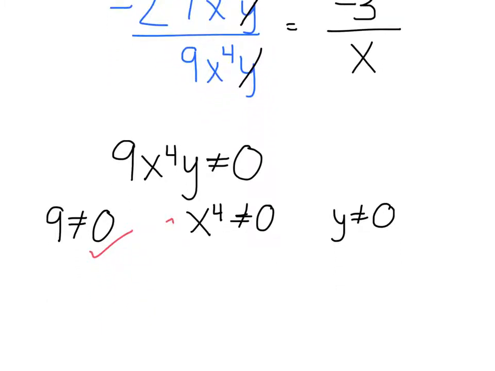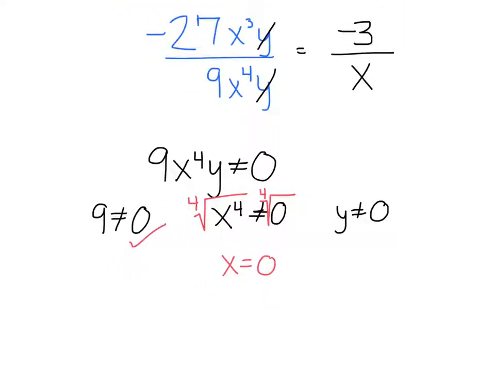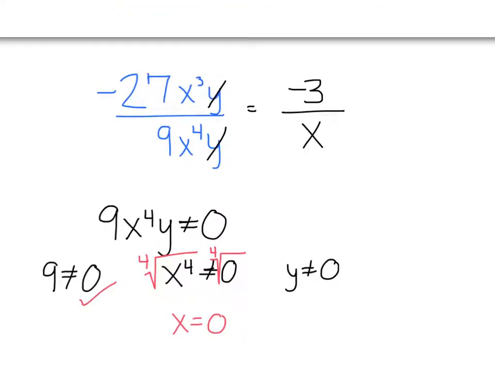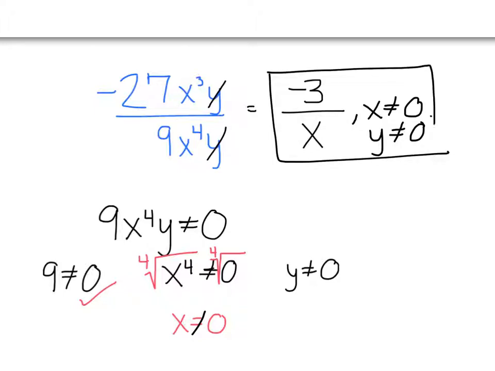So here we'll take the fourth root of x and fourth root of 0, which is just 0. So the restrictions that go with our simplified answer are that x can't be 0 and y can't be 0. I just wanted to show you an example of ones that did not have parentheses.